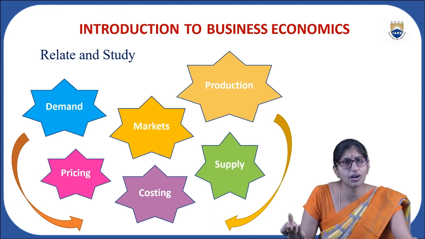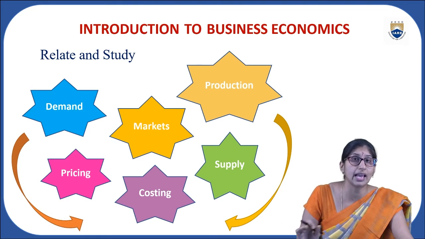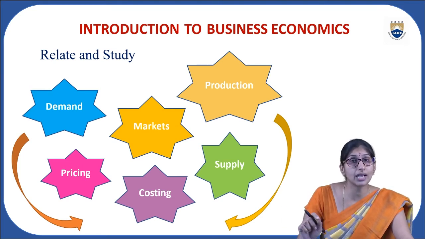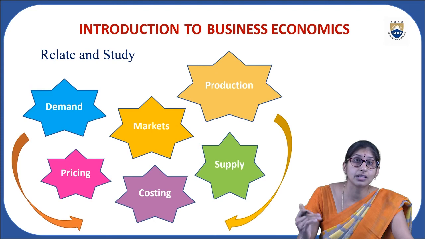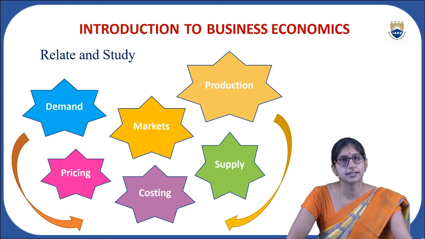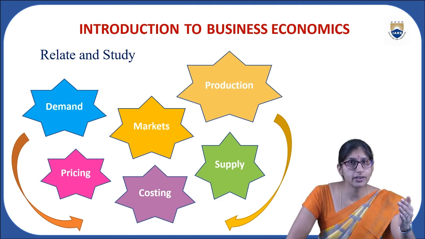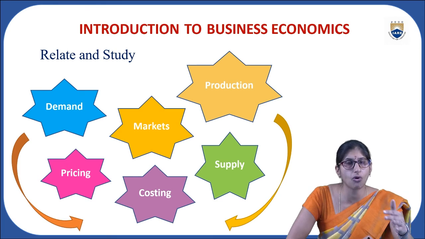Or bitter, because my satisfaction level has come down like anything, because without any time interval, I'm consuming that particular product. Why did I quote this example? Because from the producer's point of view, he cannot produce all the goods at a time, and he feels that all the products are going to be sold at a time.